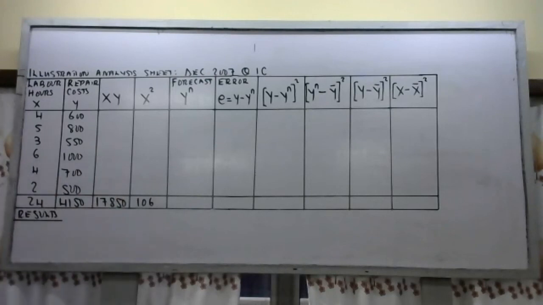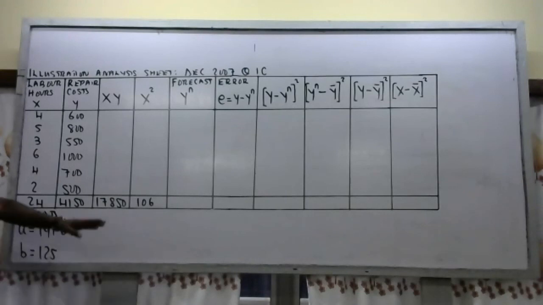So now, the value of A from my calc, I'm getting 191.67, and the value of B I'm getting 125. So just copy these results.